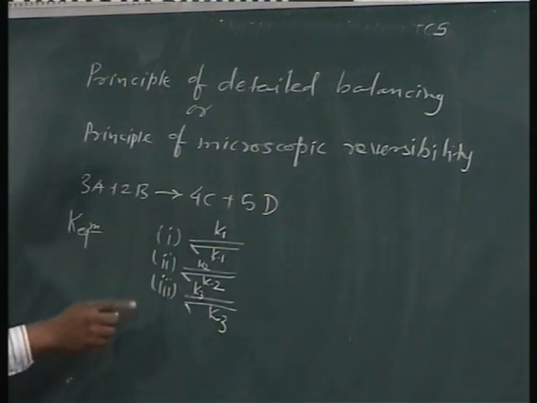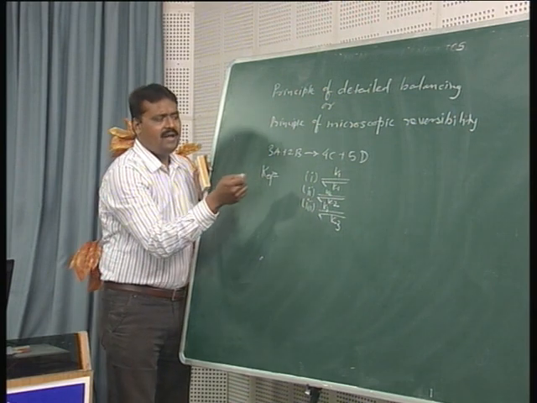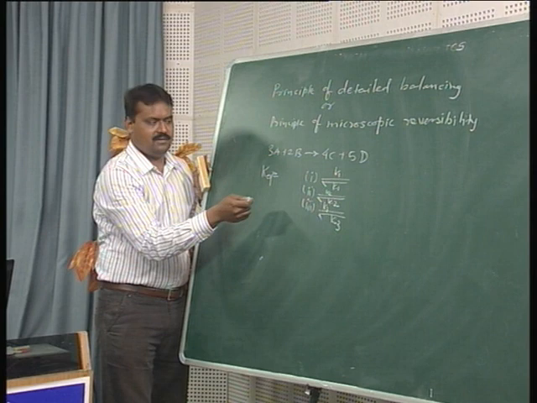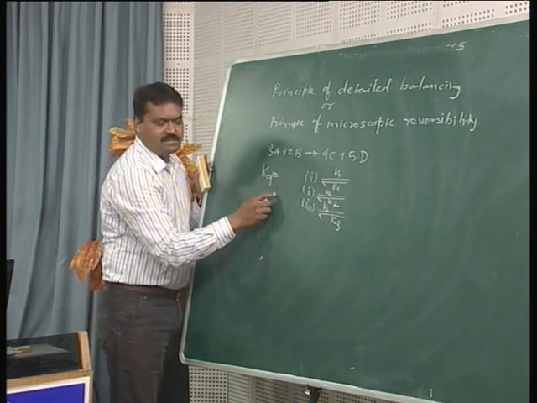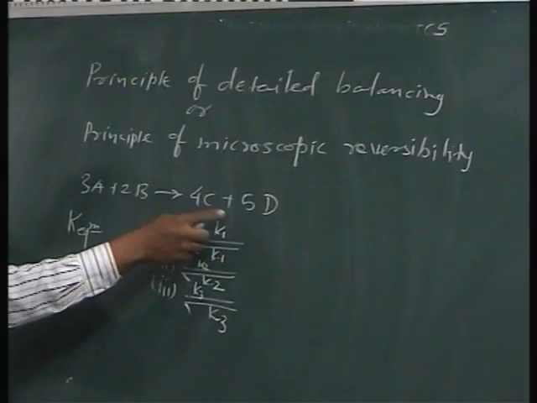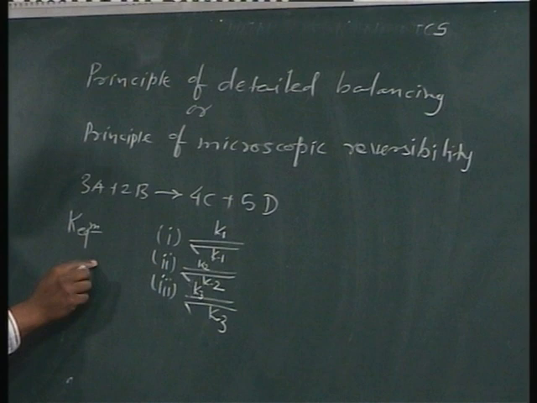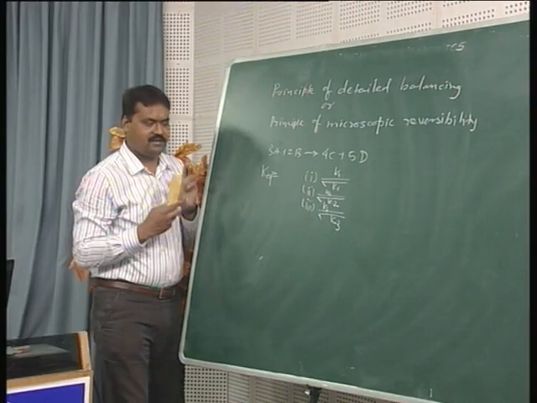These 6 constants are the constants which are related with the elementary steps for the forward reaction as well as for its reverse reaction. And if we establish the relation between these 6 constants and the equilibrium constant of the overall reaction, it is called the principle of microscopic reversibility.